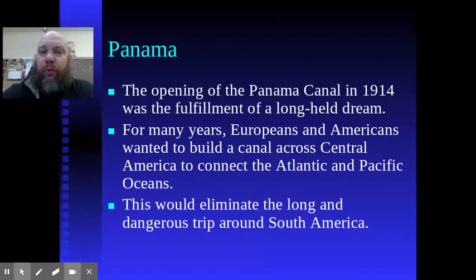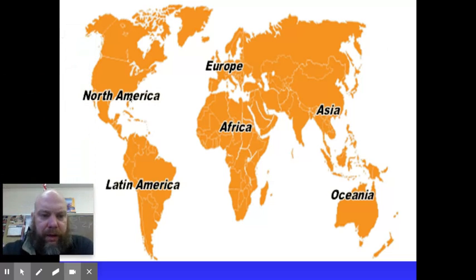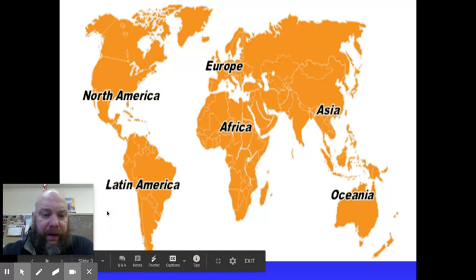And so the most efficient way to do that is by boat. But to do that by boat, you've got to go all the way around the tip of South America. And so to get from here, I'm going to move my head out of the way. To get from here to here, you have to go all the way around South America.